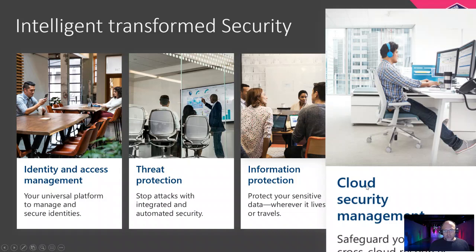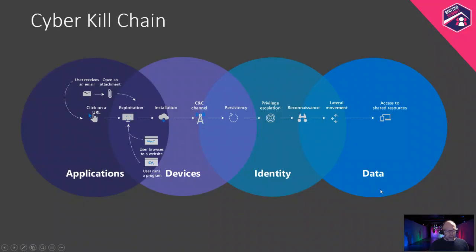We need the right tooling to combine all the security tools we have from Microsoft and also from third-party vendors, of course. Azure Sentinel is in fact a security information and event management system, which helps us identify things happening throughout the cyber kill chain.